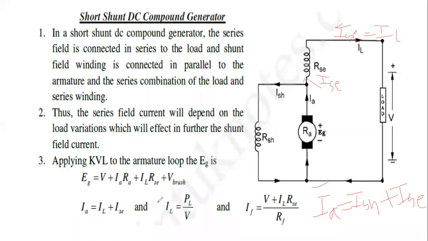Then IL is equal to P by V, and IF is equal to V by IL plus RSC by RF. This is the short shunt compound generator.